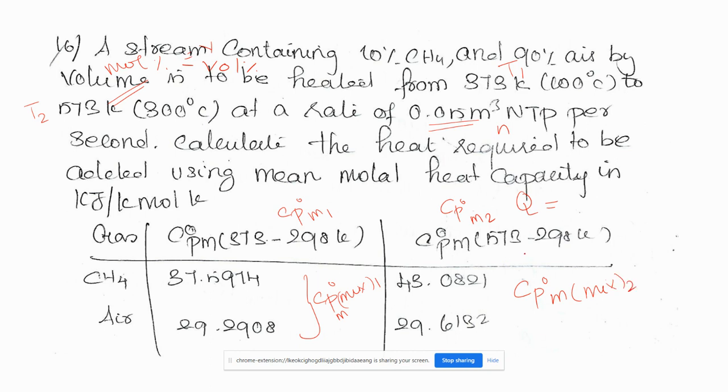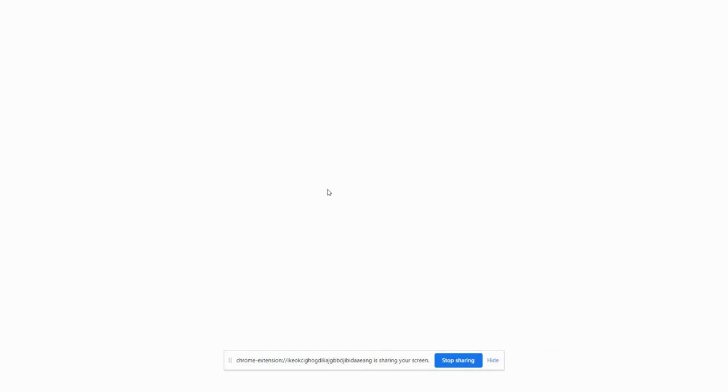Usually higher temperatures will be mix 2 and lower temperatures will be mix 1. One more thing, N is given as 0.05 meter cube per second.